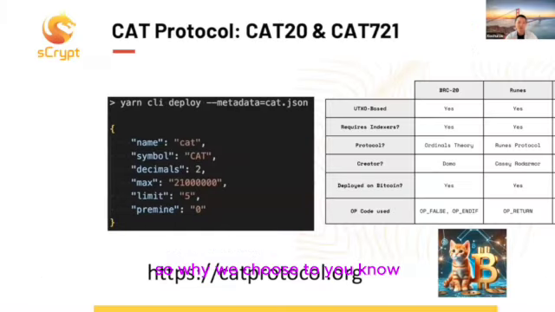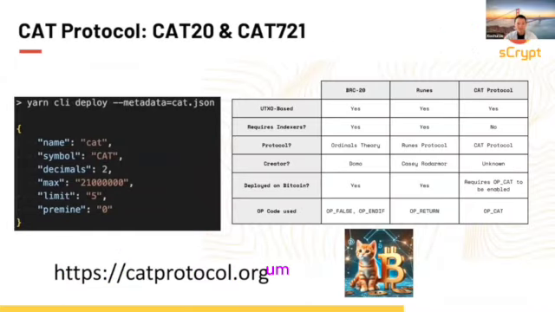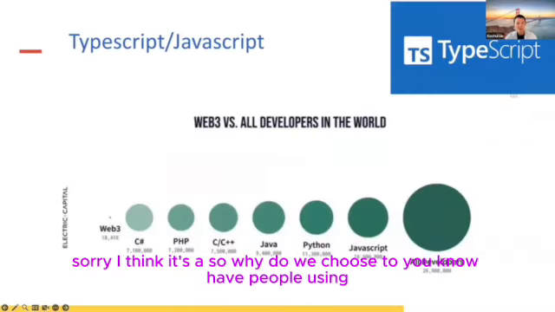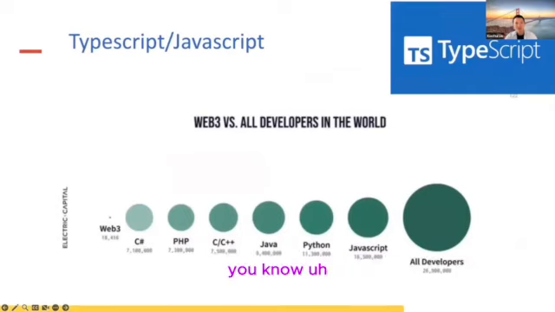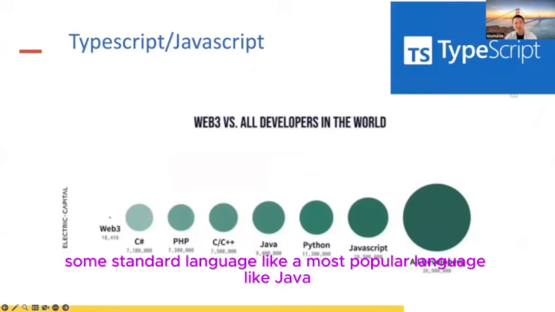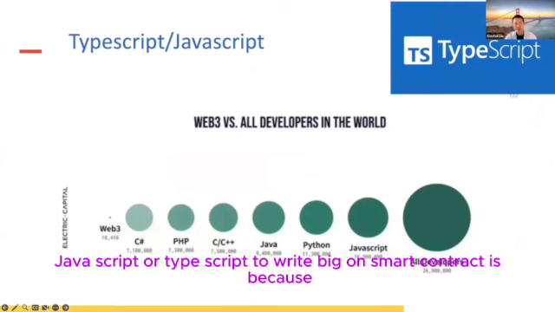Why do we choose to have people use the most popular languages, like JavaScript or TypeScript, to write Bitcoin smart contracts?